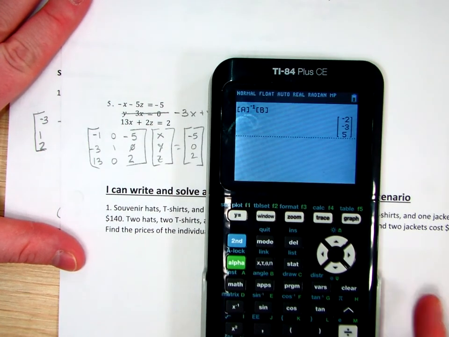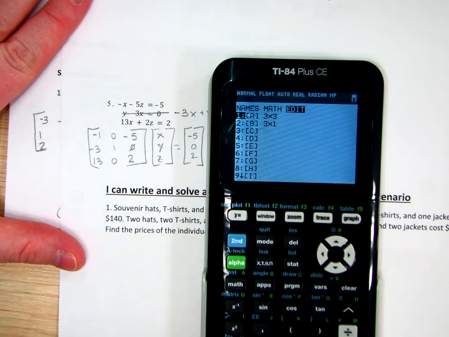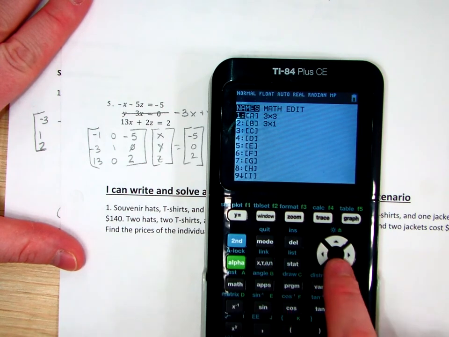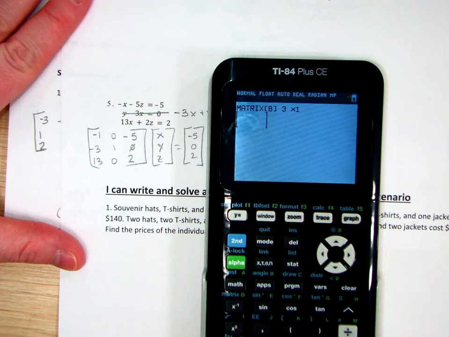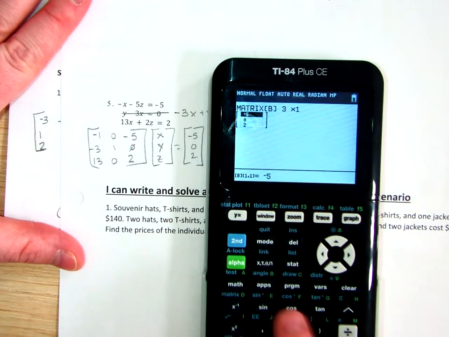So running through that again, you're going to go second, x^-1, edit, 1, 3 by 3, -1, 0, -5, -3, 1, 0, 1, 0, 2. Second matrix, edit, 2, same size, so -5, 0, 2, second quit.